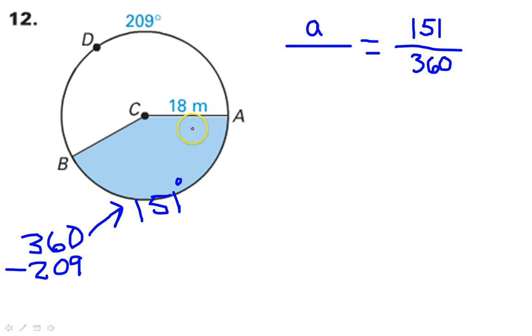So I'm going to use this radius to find the area. The area is pi r squared, so this is pi times 18 squared. It's 324, 324 pi.